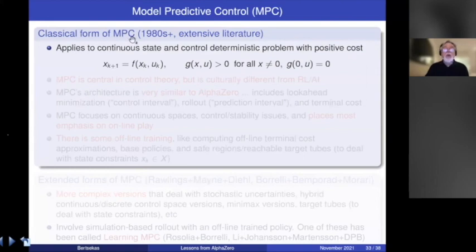The classical form of MPC applies to continuous state and control problems, deterministic problems, with positive cost. So we have a nonlinear system and a cost function that's positive everywhere except at the origin, where the cost is zero. So basically, this encodes our desire to drive the system to the origin and keep it there.